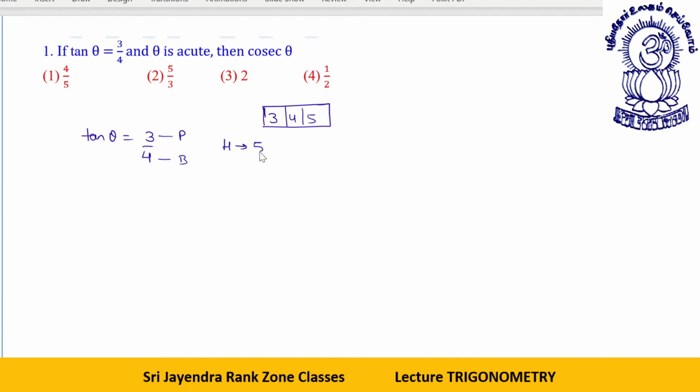H will be 5. You need cosec theta. Cosec theta is what? H by P. That will be 5 by 3, which is option 2. You won't have to do many large things, many formulas, just small shortcuts and things will become very easy. Next one.